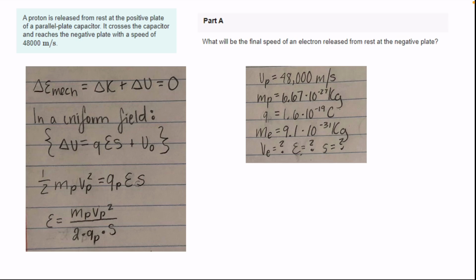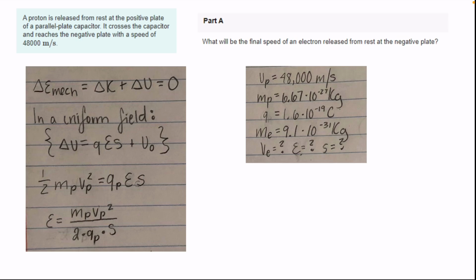So keep in mind that electric potential energy is QES plus U naught, and U naught tends to be 0, that initial electric potential energy. We can put that pretty much wherever you want.